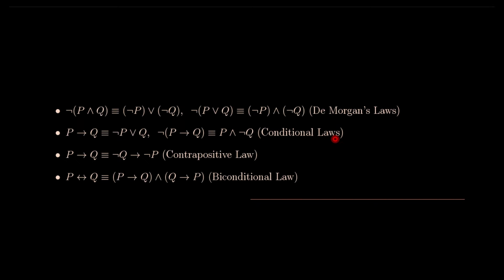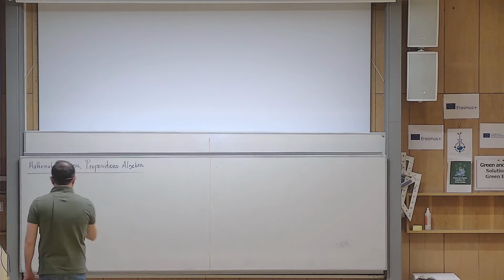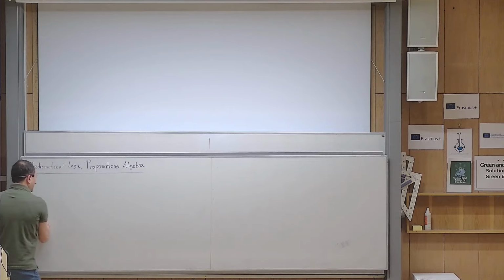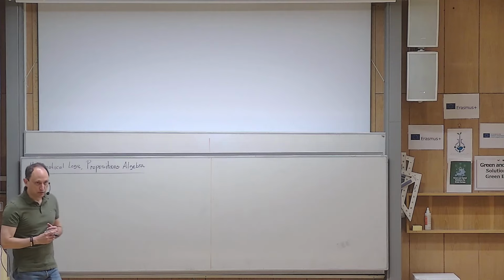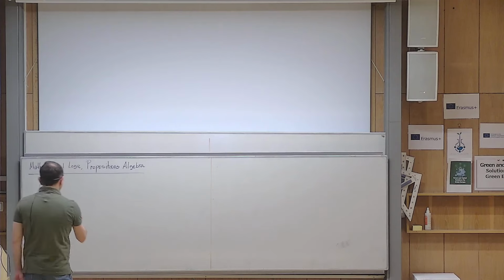Okay. For example, do you remember we started with one example today, but we used the table to prove it. So we want here to use the algebra to prove it. Do you remember what was it?